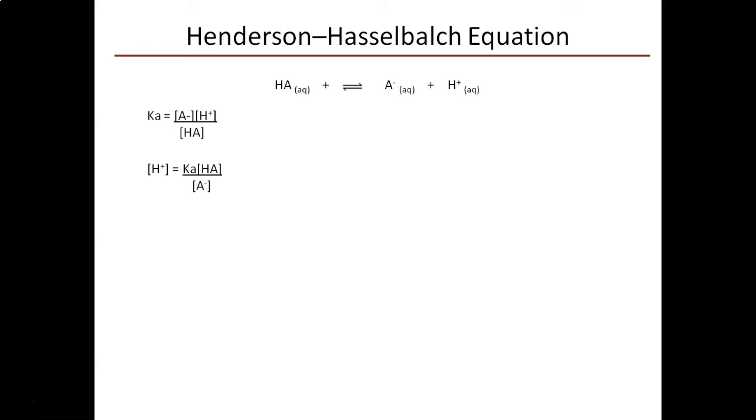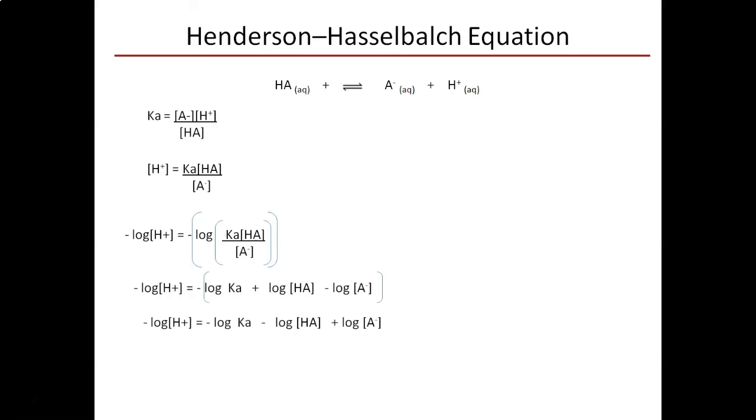I'm going to manipulate this expression to isolate the concentration of my hydronium ion. I'm going to take the negative log of both sides. Then I'm going to apply some log rules to the right-hand side and distribute the negative. Negative log of the concentration of H+ is my pH. Negative log of my Ka we call our pKa.